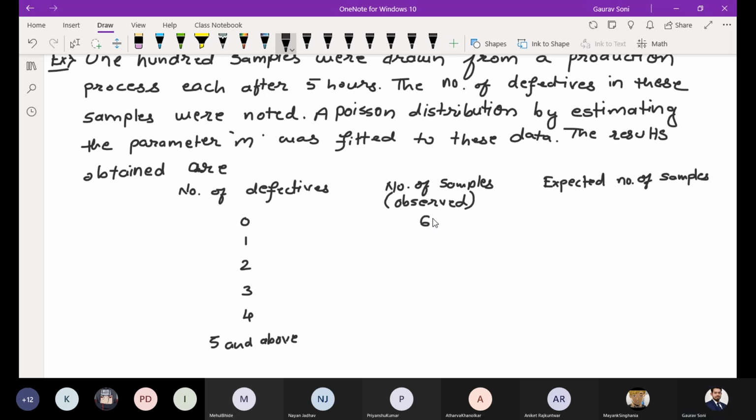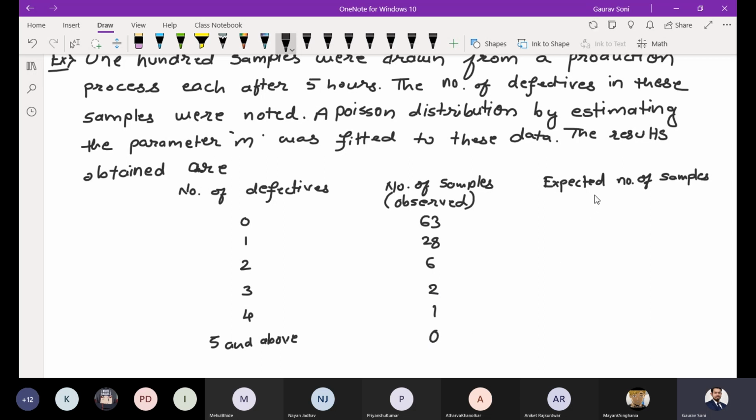The observed frequencies are 63, 28, 6, 2, 1, and 0.